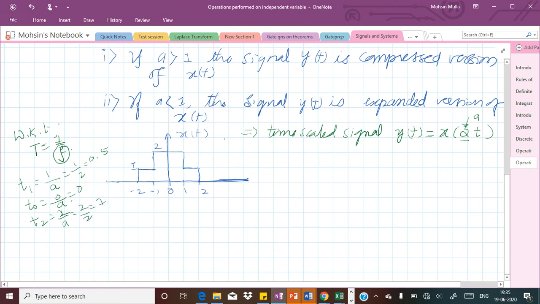So if the earlier time was 1, now it becomes 0.5; it reduces by half. The scaling factor a goes in the denominator of the time instance, so the values reduce from their actual values if a is greater than 1.